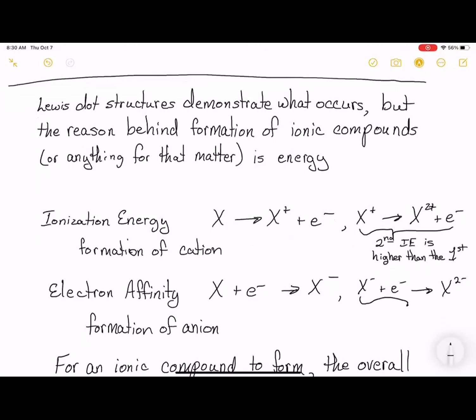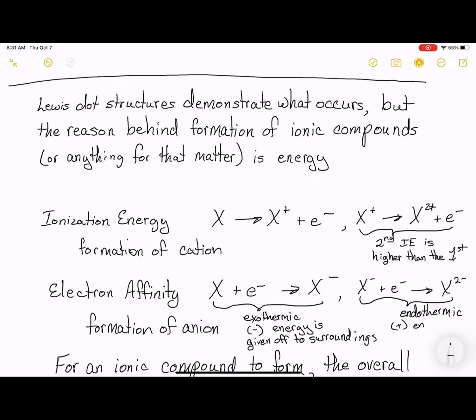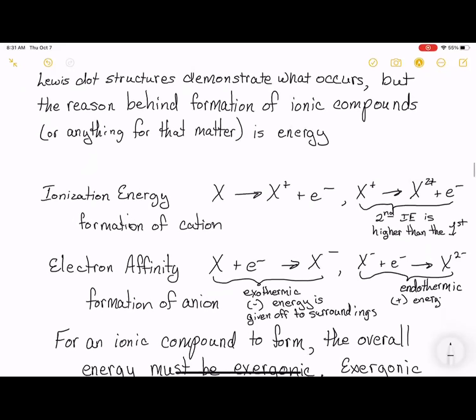While this energy is frequently exothermic, which we represent with a negative sign, meaning energy is given off, this other one tends to be endothermic, which is positive, meaning that energy is absorbed for this process.